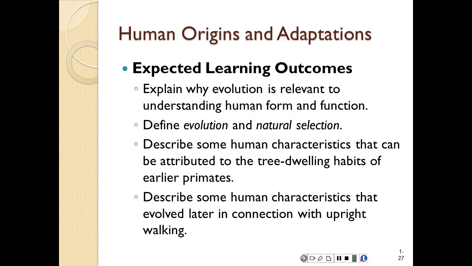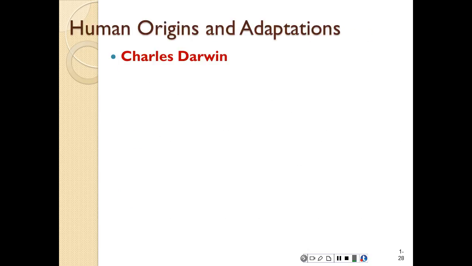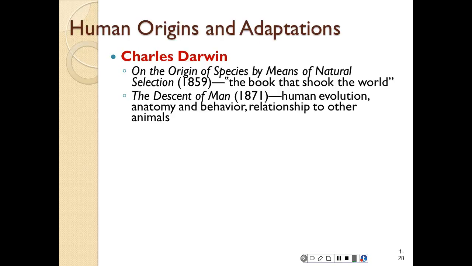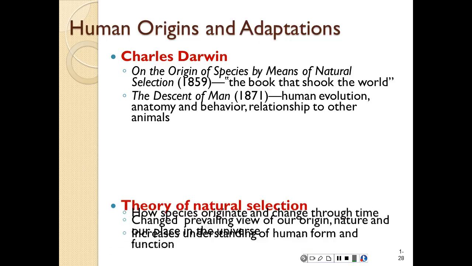Alright, so let's look at origins and adaptations. You should know who Charles Darwin is. The cell theory and the theory of natural selection have broad implications for human origins and of course understanding the human body. Charles Darwin's book On the Origin of Species by Means of Natural Selection presented the first well-supported theory of evolution.